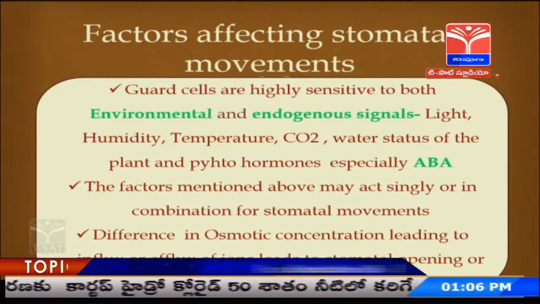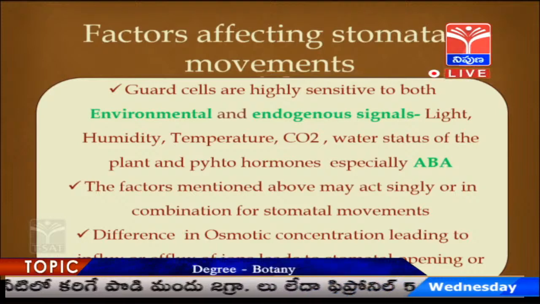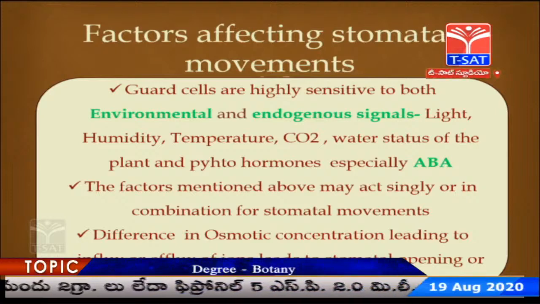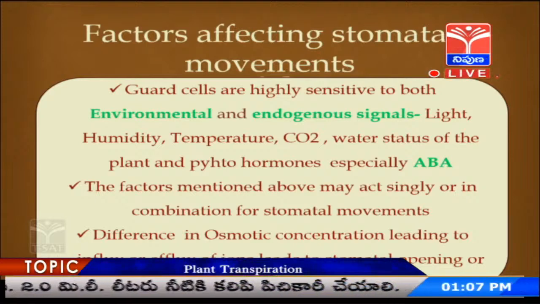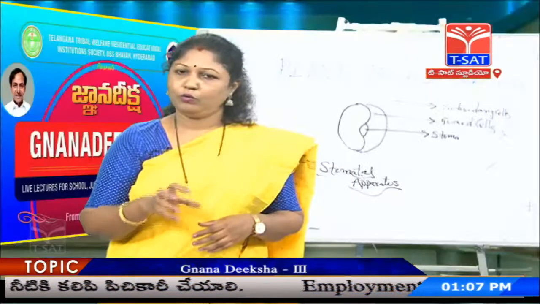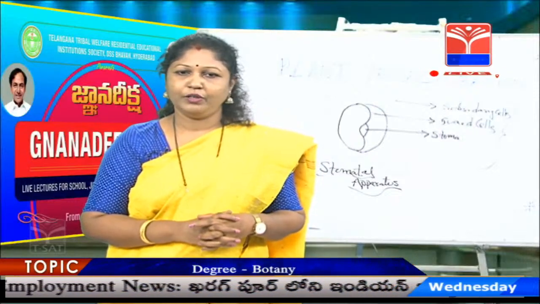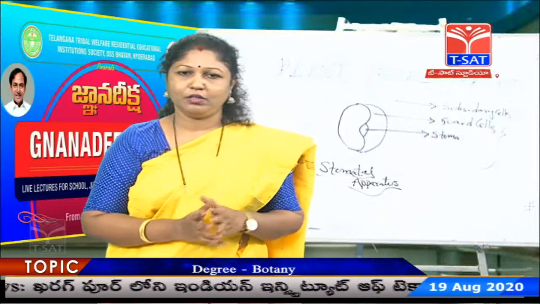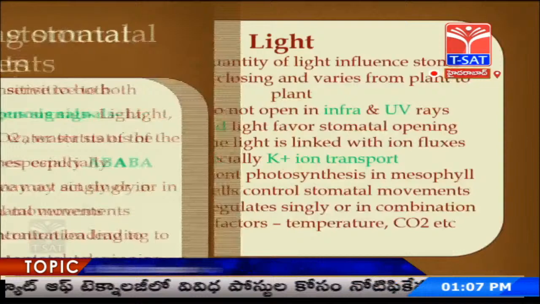Not only that, the endogenous signals that occur within them, like the amount of abscisic acid or availability of water, all such internal factors also have a very prominent effect on opening and closing, and definitely the osmotic concentration also plays a major role in opening and closing of the stomata.